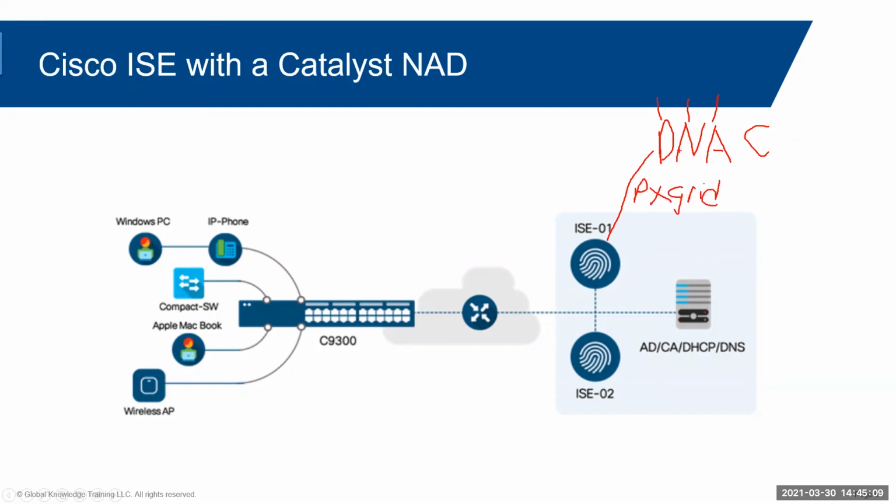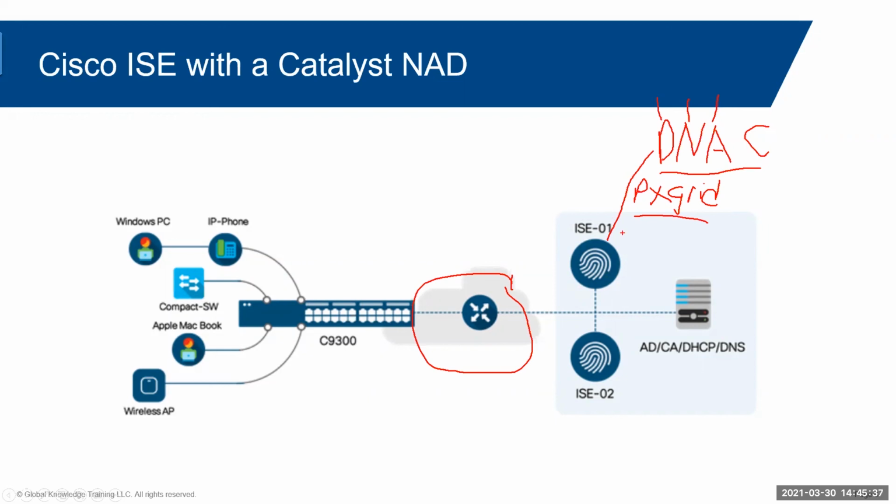So if you have DNA Center and ISE integrated with pxGrid, and you want to use DNA Center for intent-based networking, oh yes, you're doing TrustSec for sure. DNA Center will be configuring your network devices with TrustSec. It does so all automatically, but DNA Center is based out of TrustSec. ISE could use TrustSec, but again, doesn't have to be. When ISE is integrated with DNA Center, it's TrustSec for sure.